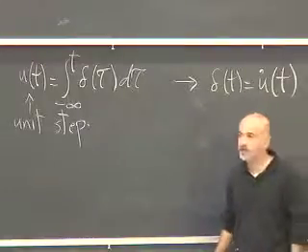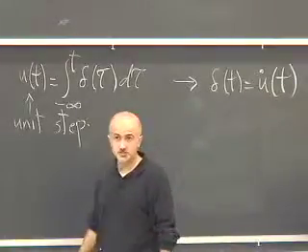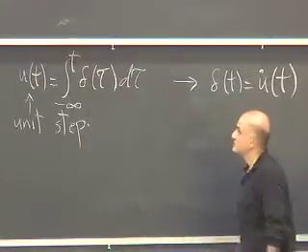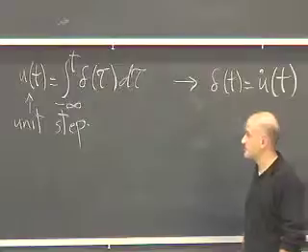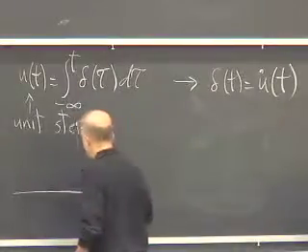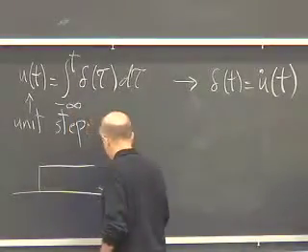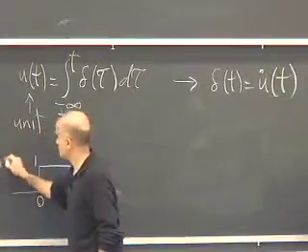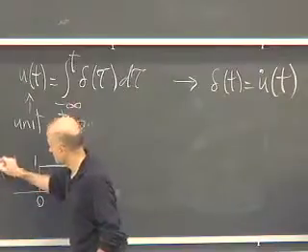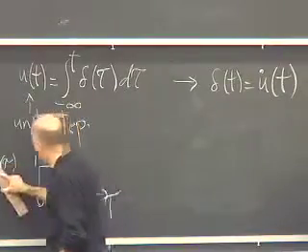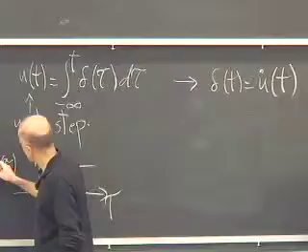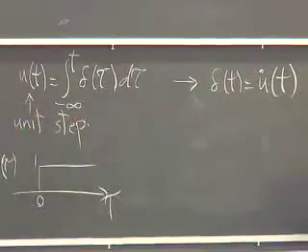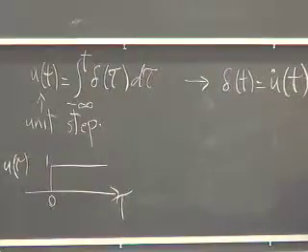Now in discrete time we had the ramp function. So too you can define a whole family of functions here related to the impulse and the unit step. So if you take the unit step, u of tau, and you integrate from minus infinity to t, what kind of a function are you going to get?